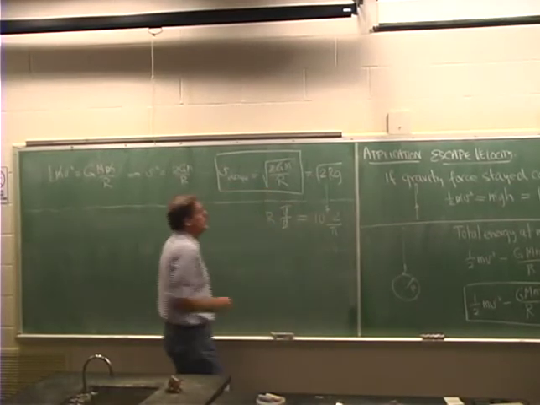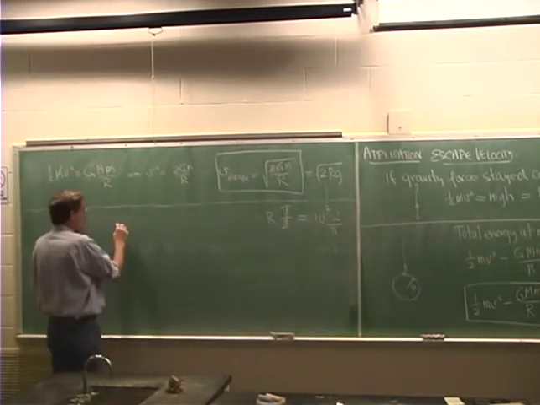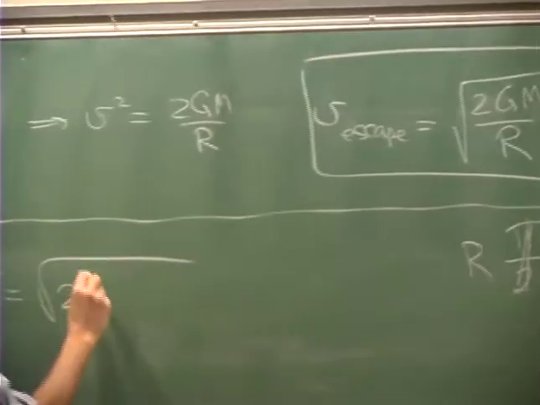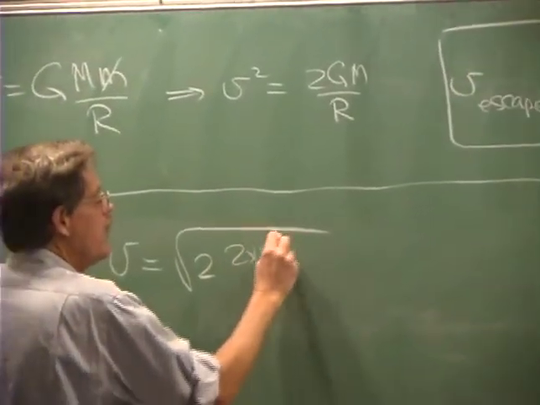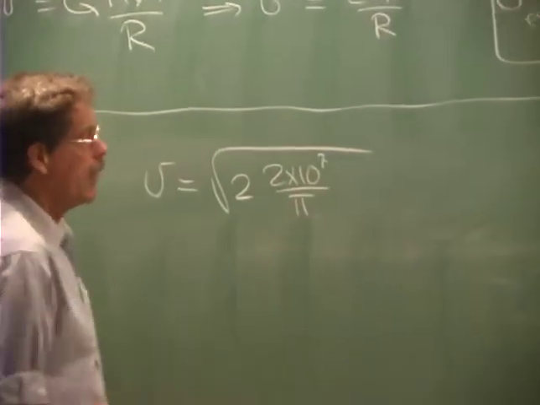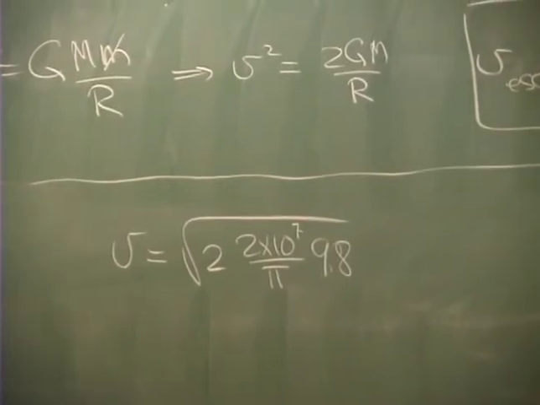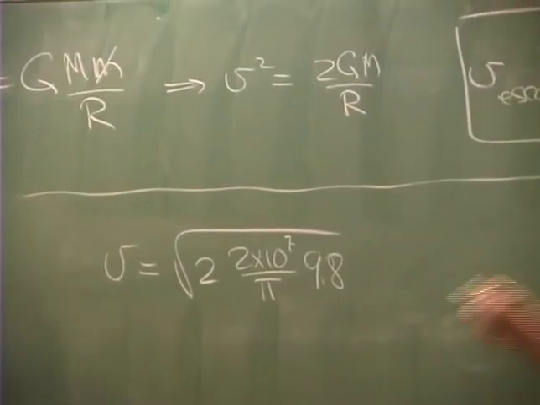Pi over 2, okay. So r is 2 over pi times 10 to the 7th. Okay, so v is equal to the square root of 2 times r, that's 2 times 10 to the 7th over pi, times g, that's 9.8.